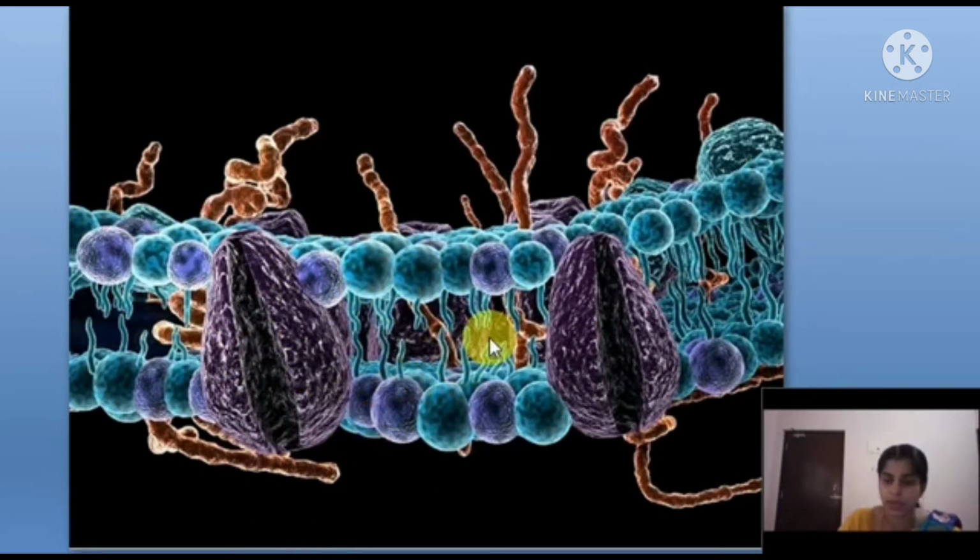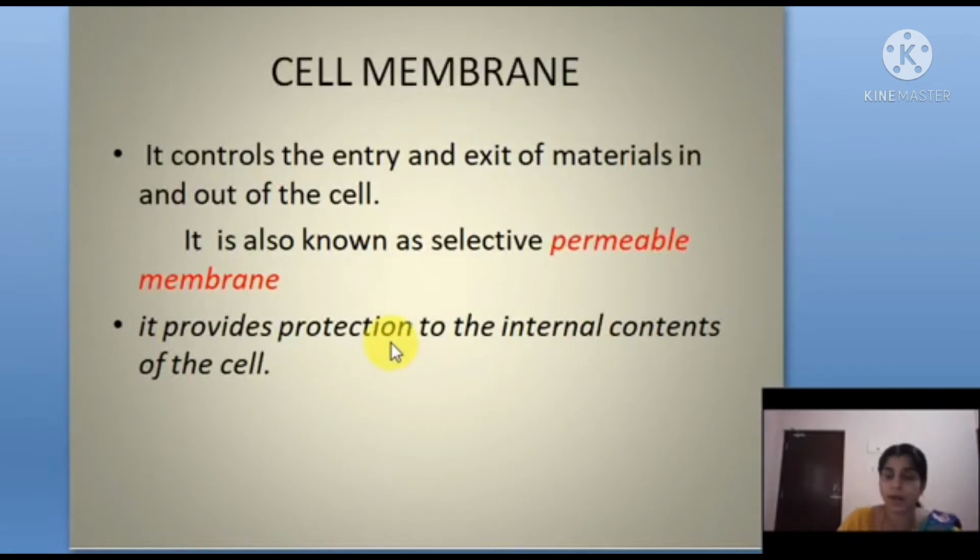It is a living, thin, delicate and semi-permeable membrane. It has fine pores that help in the entry and exit of molecules. So the main function of the cell membrane is to control the entry and exit of materials in and out of the cell. It allows only selective substances to pass through it.